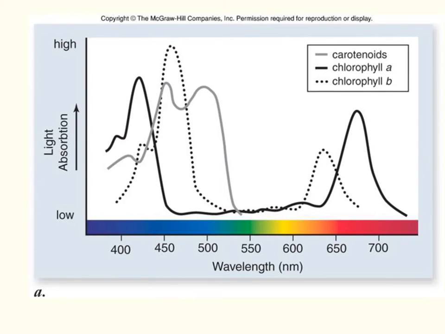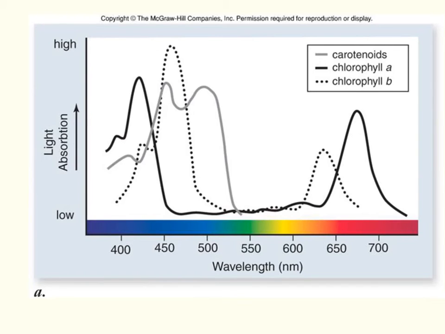You can see the carotenoids, that's what makes carrots orange, that's where they get their name. The gray line is the carotenoids, the black line is chlorophyll A and the dotted line is chlorophyll B. Their peaks are offset so that they can absorb more light and thus increase the amount of energy that they're absorbing.